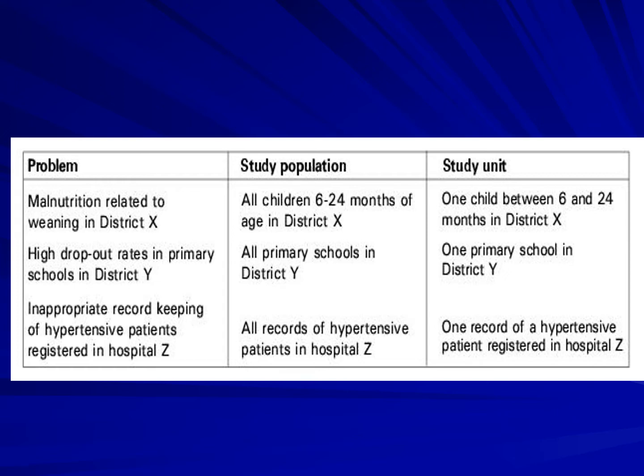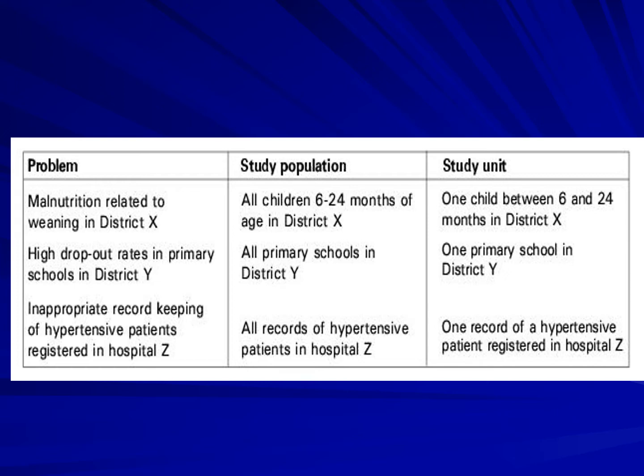Second scenario, if your study problem is high dropout rates in primary school in district Y, in that case your study population will be all primary schools in district Y, and your study unit will be one primary school in district Y.